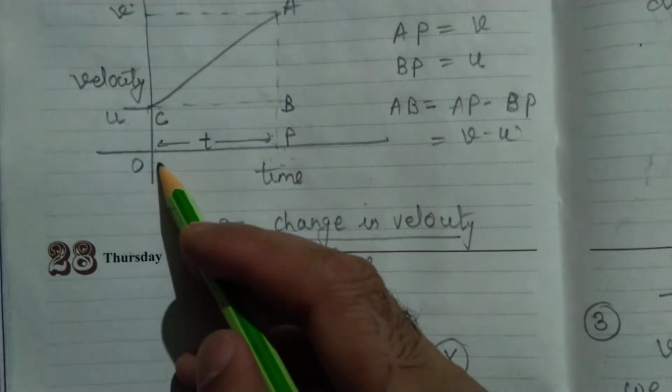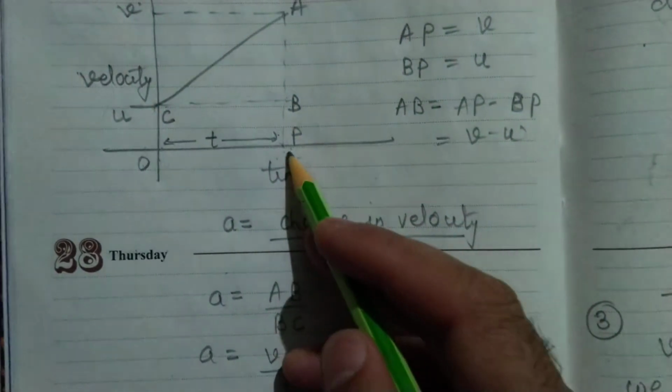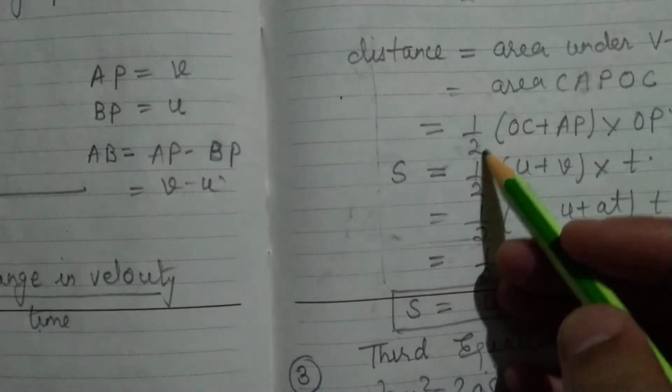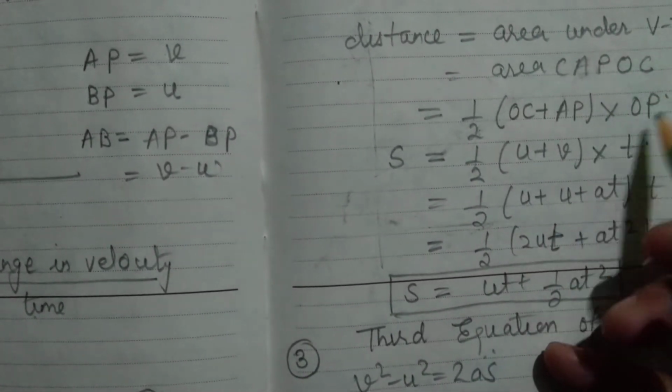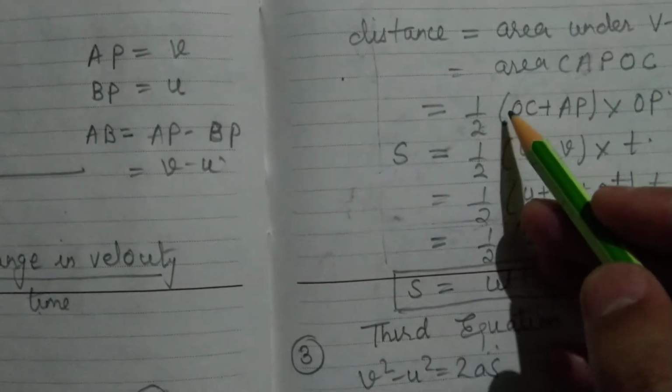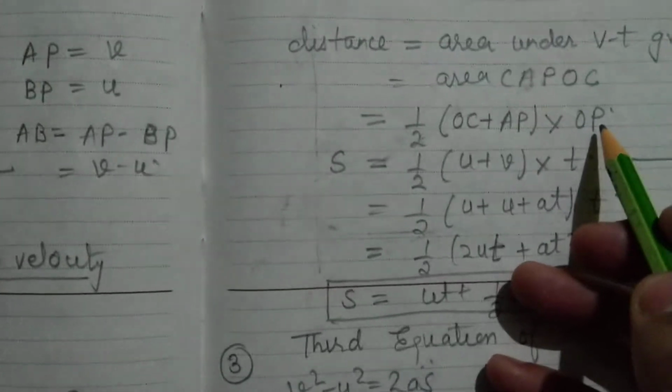So half OC plus AP multiplied by OP. I have written it here, half OC plus AP multiplied by OP. Okay, so parallel sides sum multiplied by the distance between those sides.